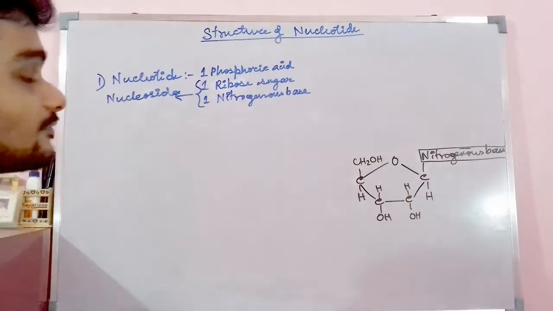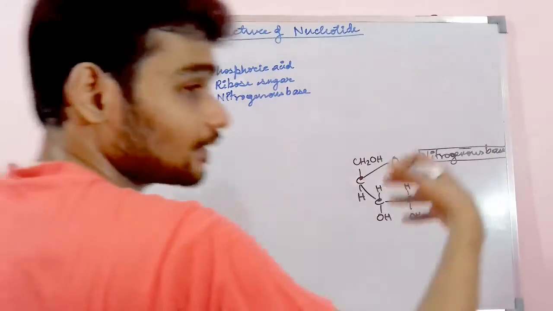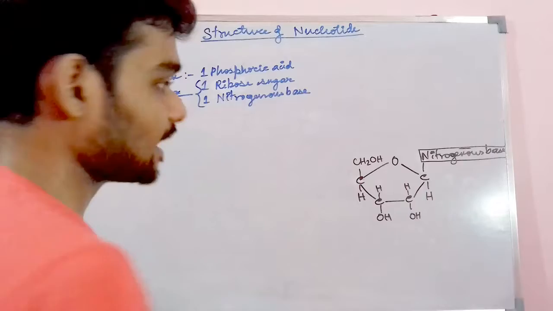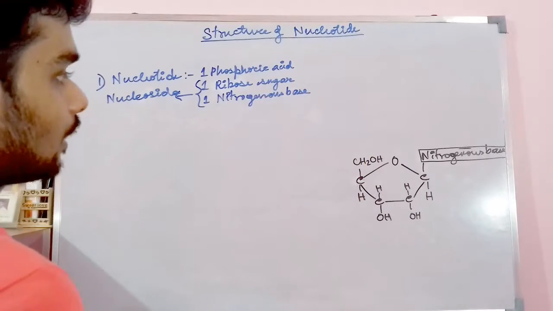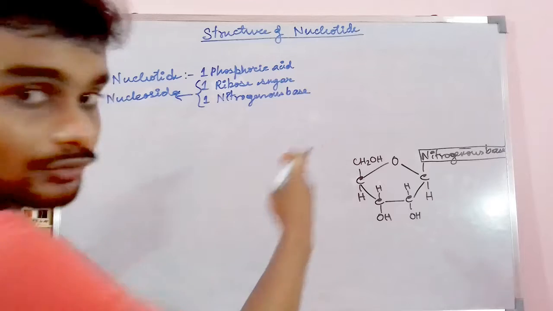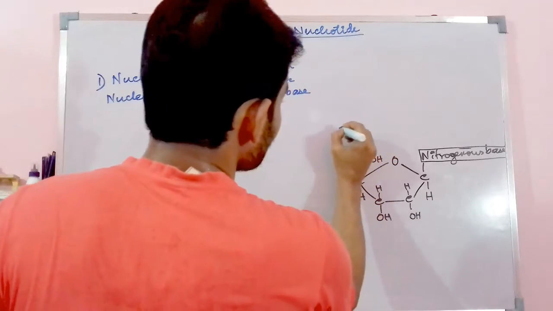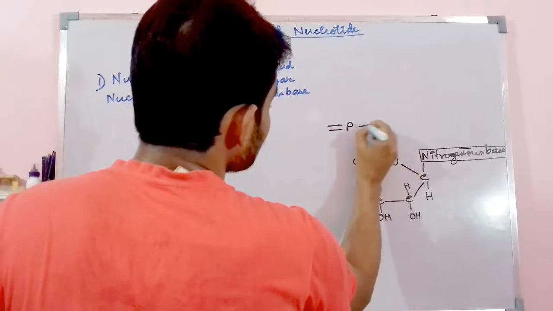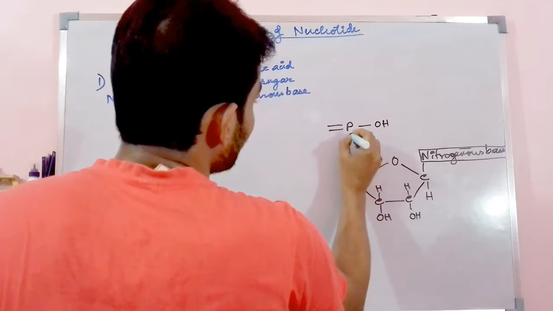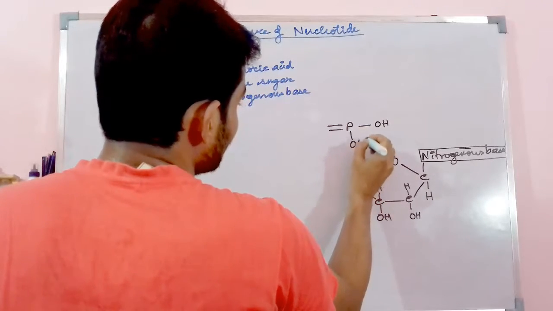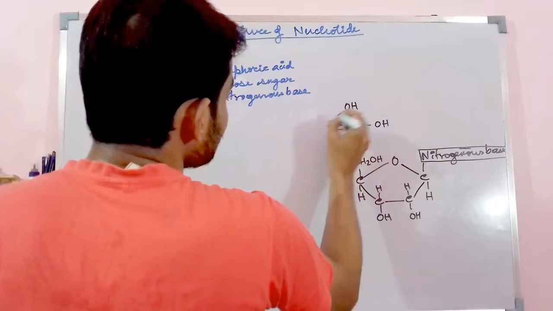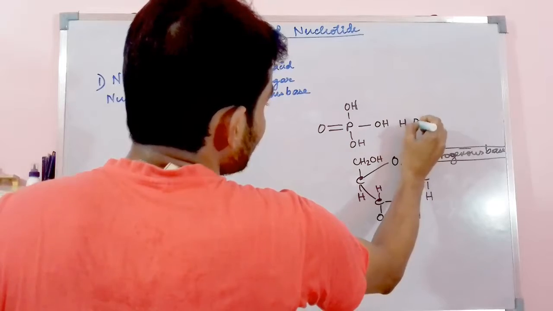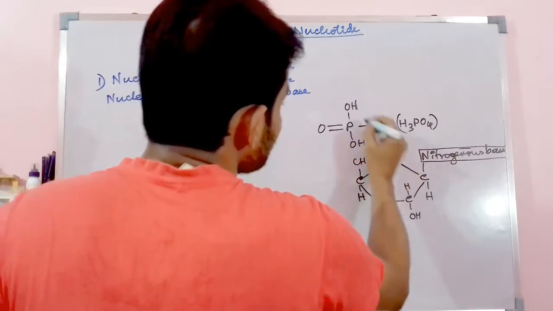Now how is this nucleoside forming a bond with another nucleoside ring? Firstly, this CH2OH is present right over here, right? Now when the phosphoric acid comes and joins over this particular place, phosphoric acid, which is depicted like this, OH, OH, OH and O. Okay, so this is what the phosphoric acid H3PO4 structure is.